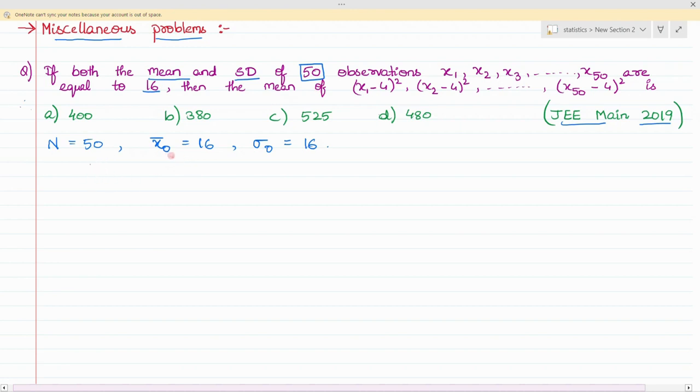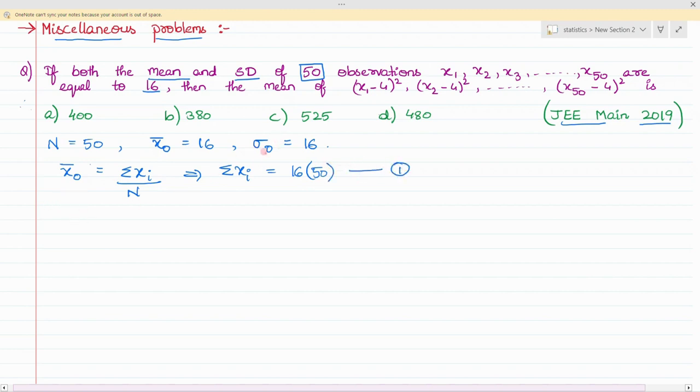To find the new mean, first using this original mean, according to the formula, the original mean is nothing but sigma xi upon the total number of observations. From here we can calculate sigma xi, which is 16 into 50. Assume this is equation 1.